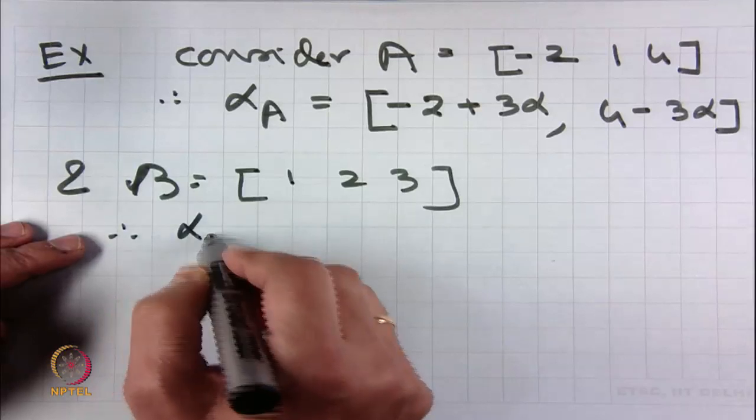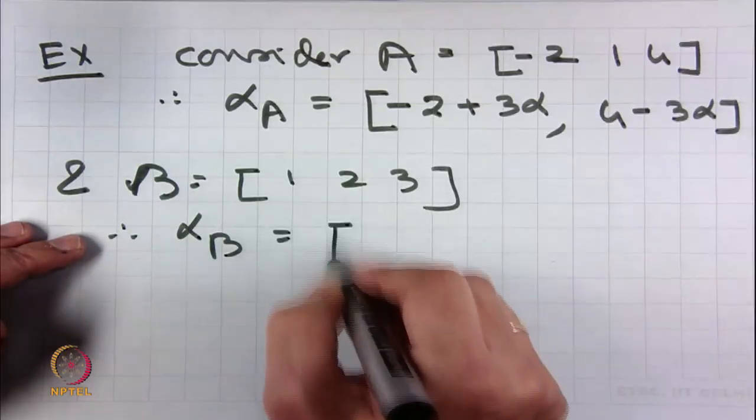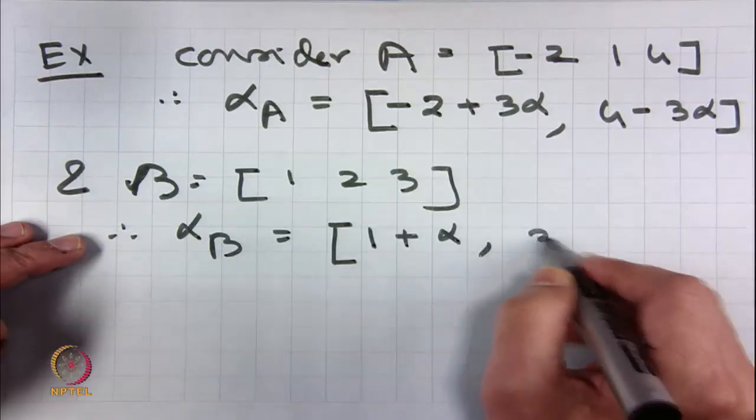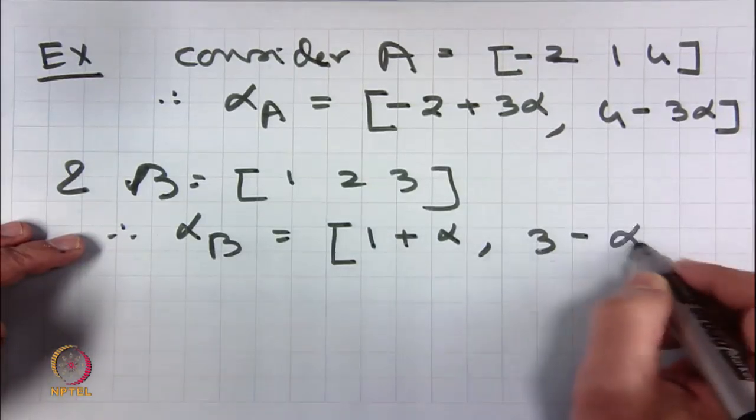Therefore, alpha cut of B is [1 + alpha, 3 - alpha].